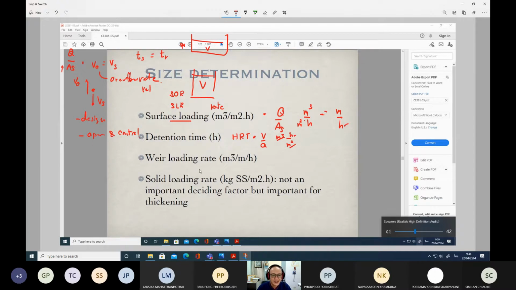The last one is the weir loading rate. What is the weir loading rate? As you look at the unit, you will know it comes from the flow rate divided by weir length. So what is weir length?